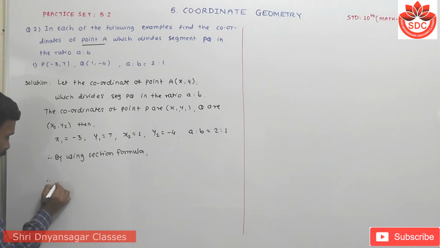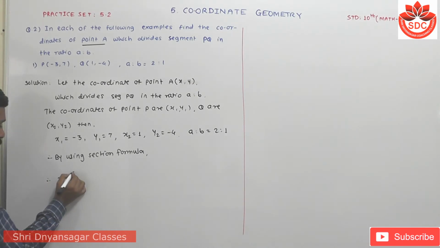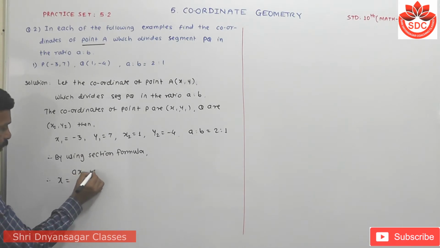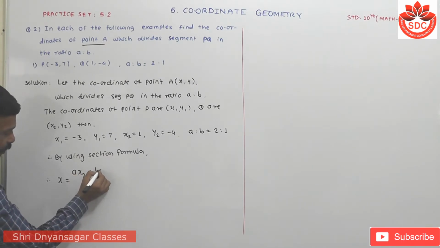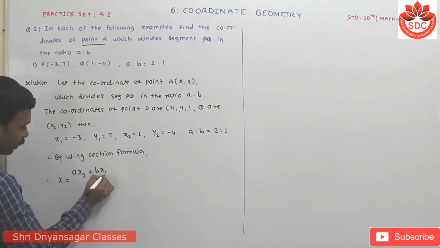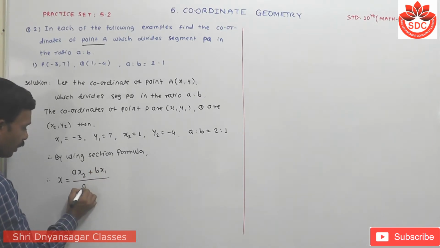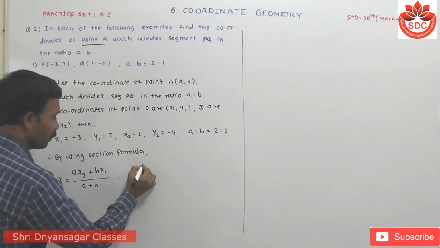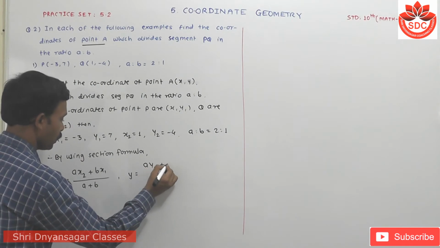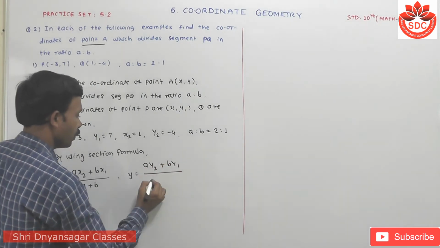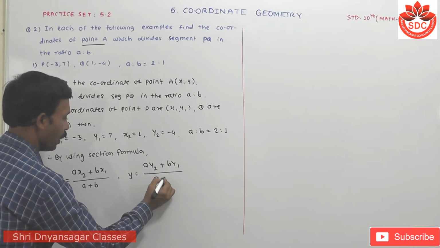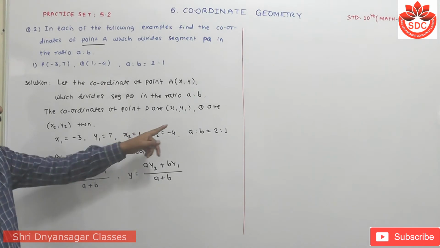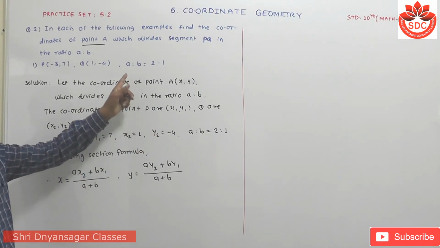the formula is x is equal to (ax2 plus bx1) upon (a plus b), and y is equal to (ay2 plus by1) upon (a plus b). Here, rather than m and n, we take a and b, because the given ratio is a to b.